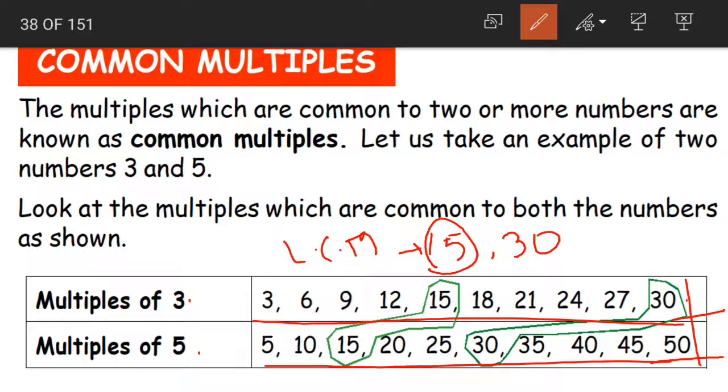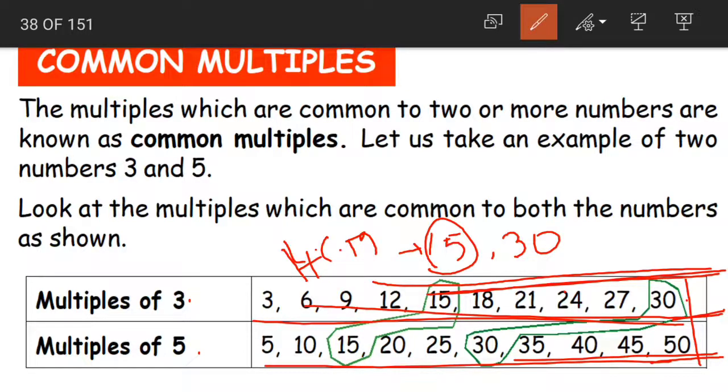Yes, if I ask you to write the highest common multiple, you first need to know all the common multiples. Now again, to write the common multiples, you need to write all the multiples.